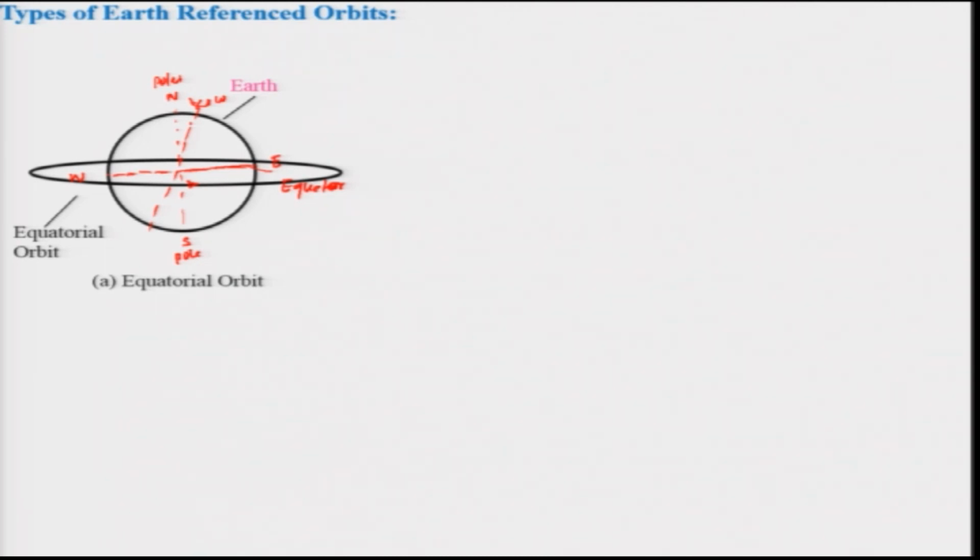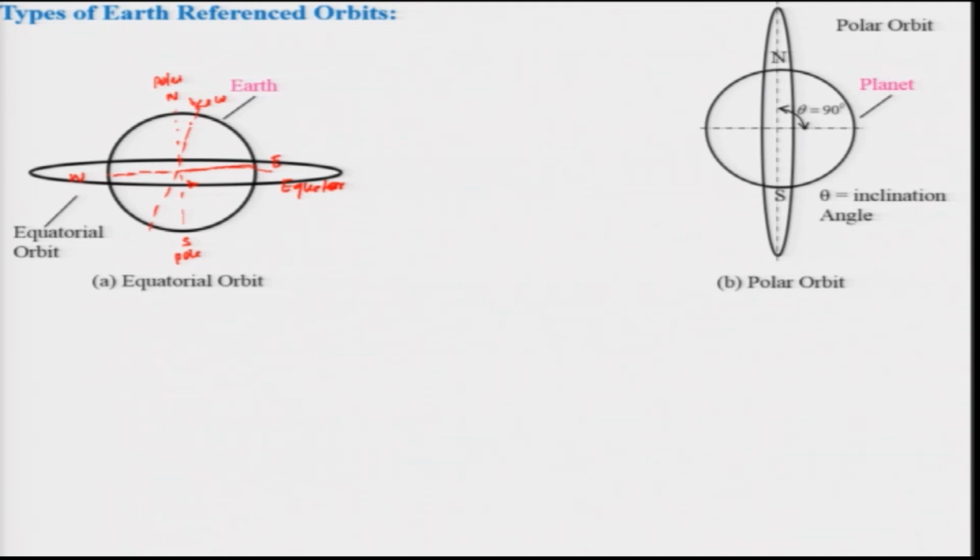When the inclination angle of the orbit with the equator is 90 degrees, we call it a polar orbit. A polar orbit can cover a larger distance because the Earth rotates beneath it.